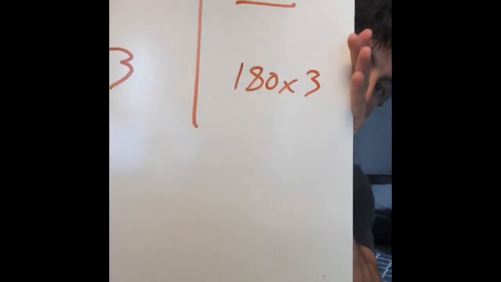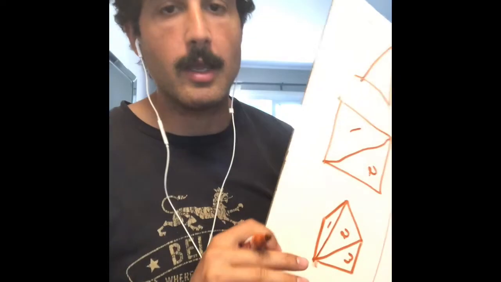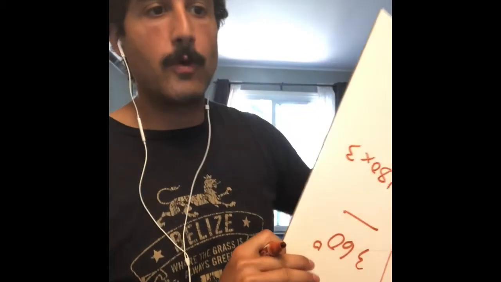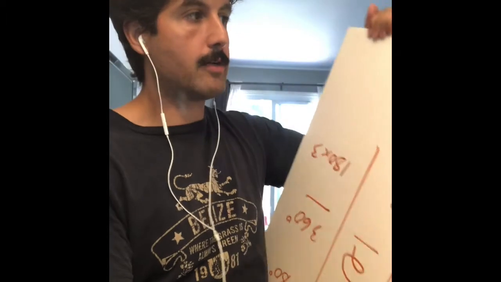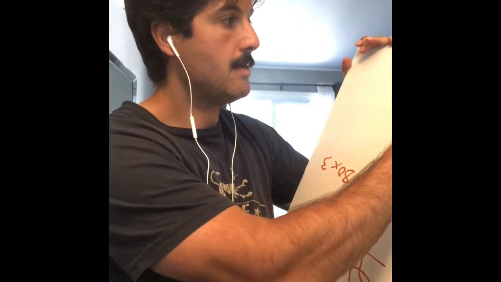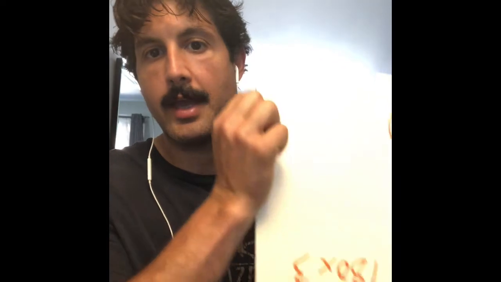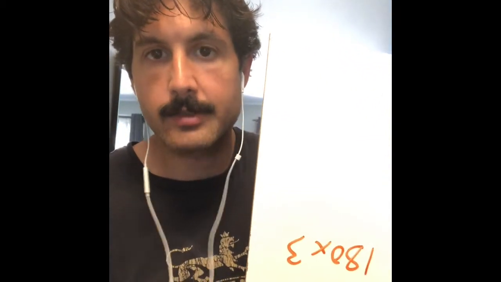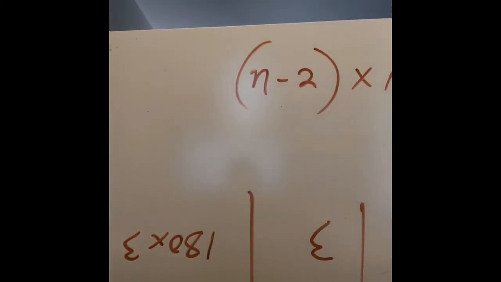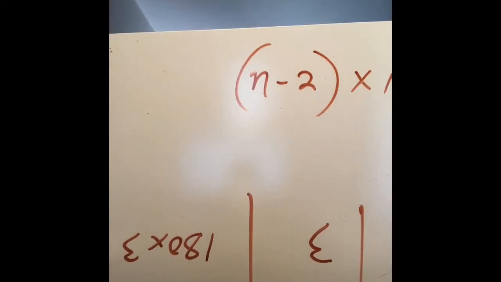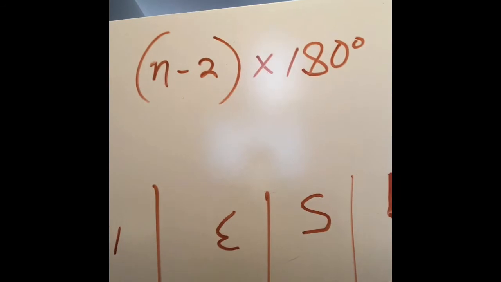So 180 times 3. And the generalized formula, if you know how many sides there are, is n minus 2 times 180. The generalized formula is n minus 2, where n is the number of sides, times 180 degrees.